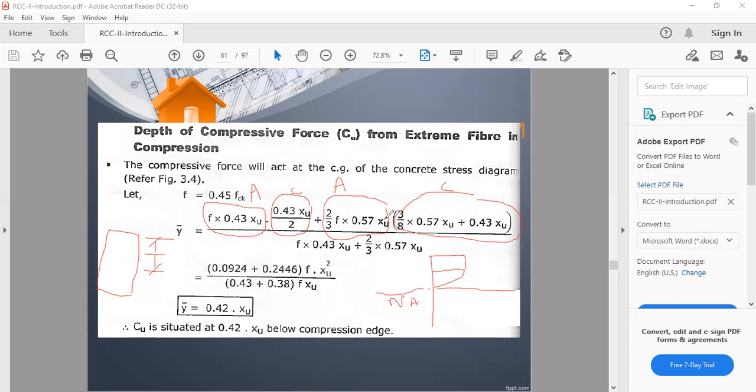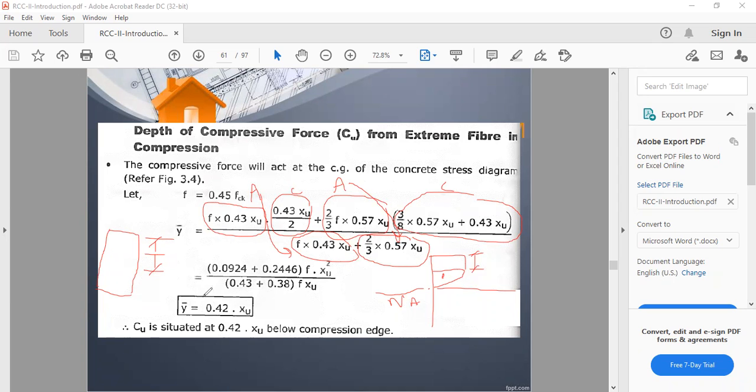So 0.57 XU is the distance here, and 3/8 into 0.57 XU is the CG of this parabola, while 0.43 XU is the total depth of the rectangle. So F into 0.43 XU is the area of the rectangle, and 2/3 of 0.57 XU is the area of the parabolic part.